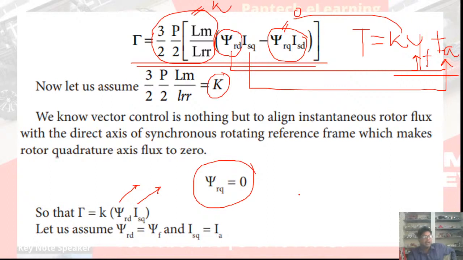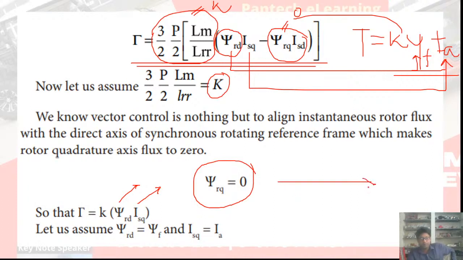If I am able to do that by adopting some control technique, then my target is achieved. I will be able to operate the induction machine analogous to a separately excited DC machine.